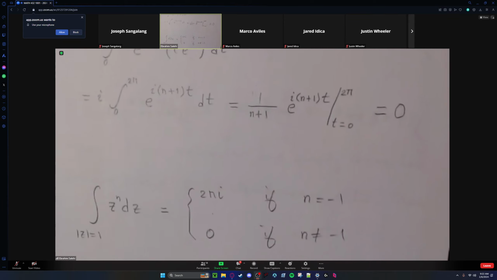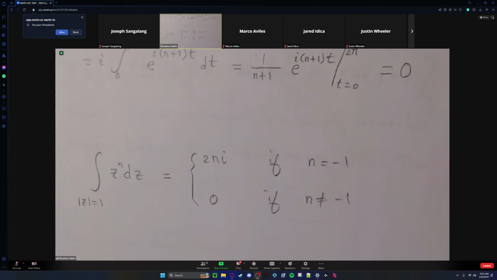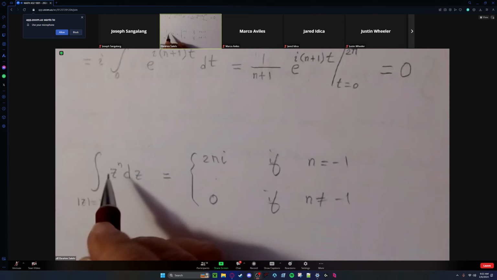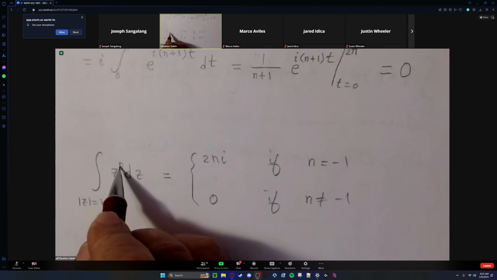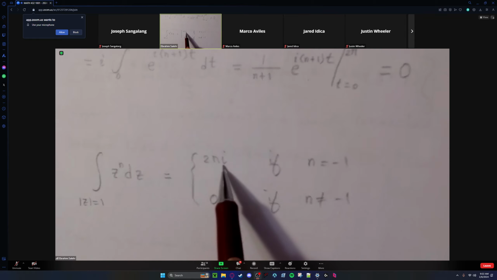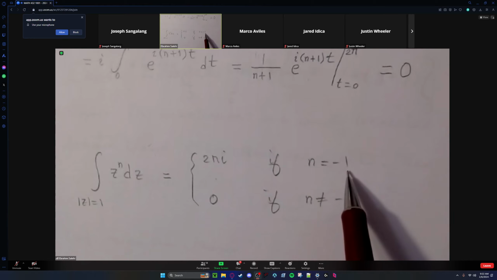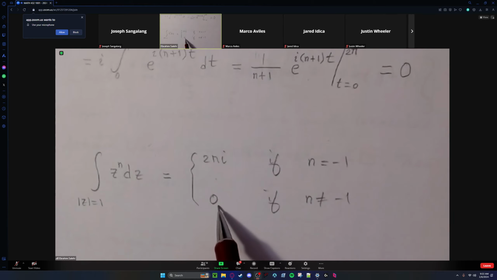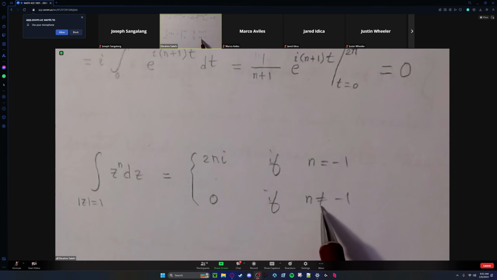So what is the conclusion? Here is the conclusion. The integral of z^n dz over a unit circle is 2 pi i when n is -1. It is 0 when n is different from -1. Doesn't matter what, just different from -1.